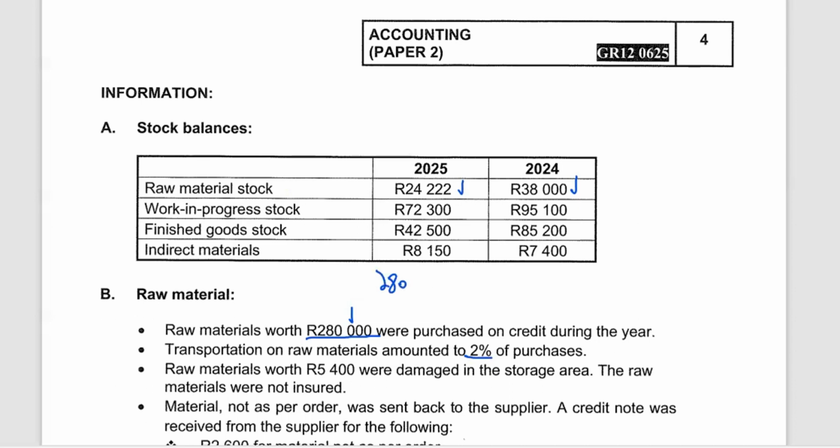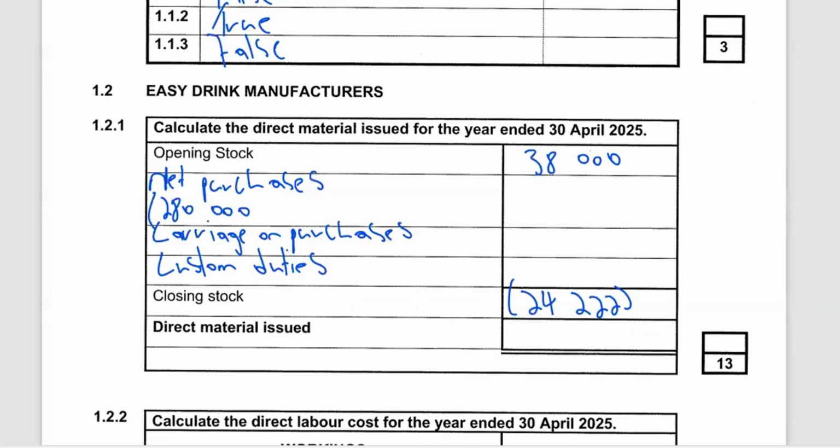So we purchased raw materials for 280,000 and the 2% is for transport. So we're going to say 280,000 times 2 divided by 100. Then we get our answer, which is 5,600. So this 5,600 will be our cost for carriage on purchases.